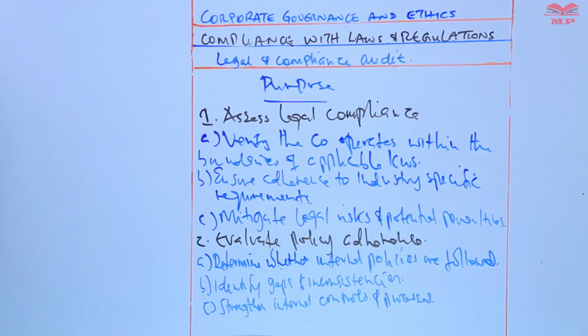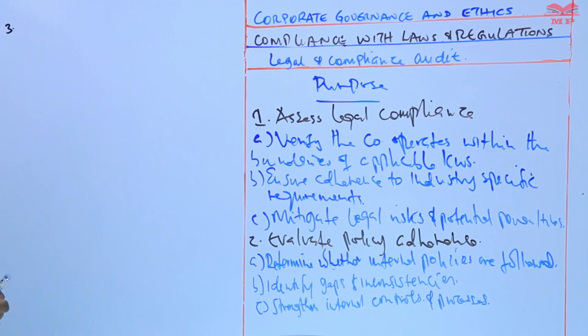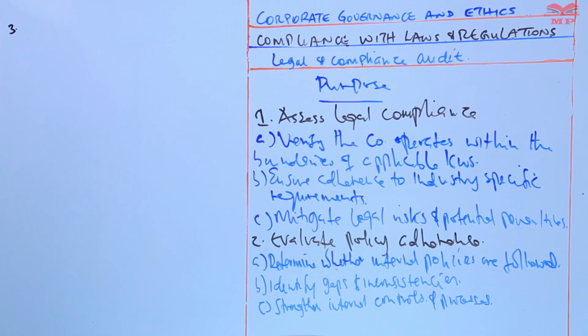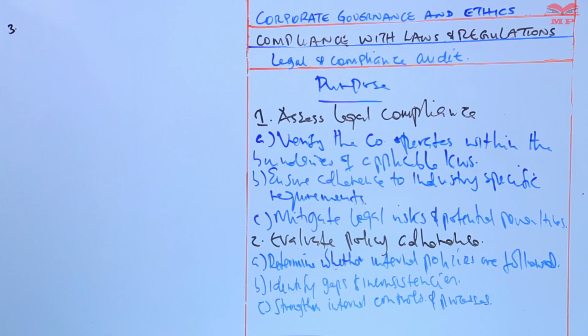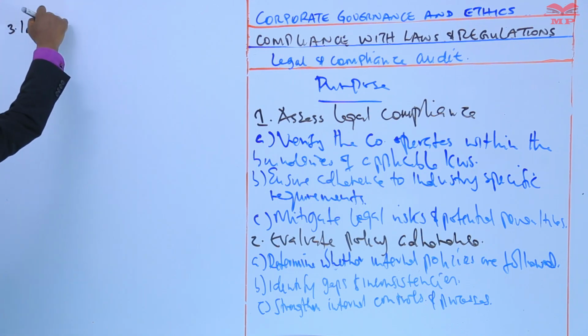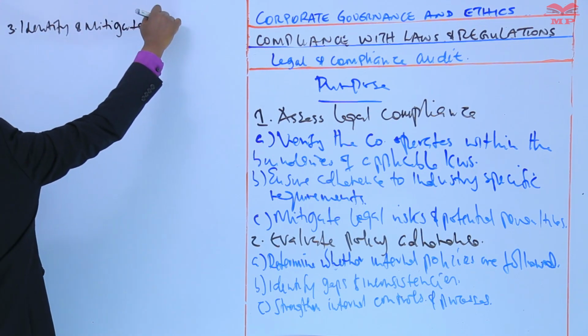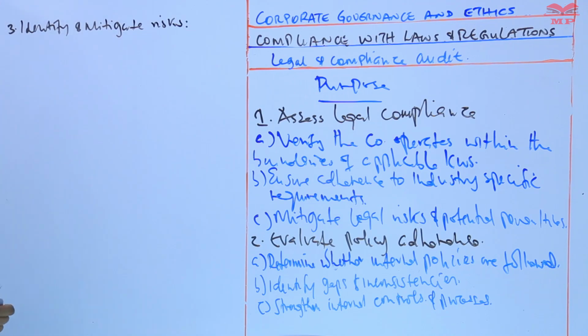Number three, the third purpose is to identify and mitigate risks. Identify and mitigate risks by uncovering potential risks of non-compliance.